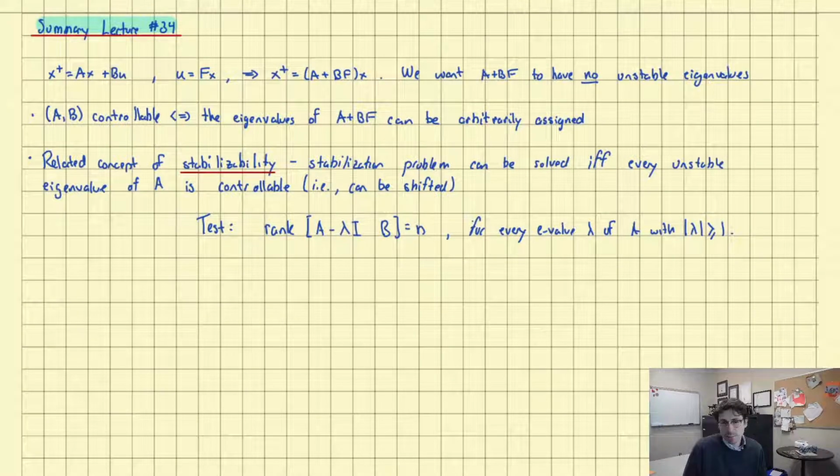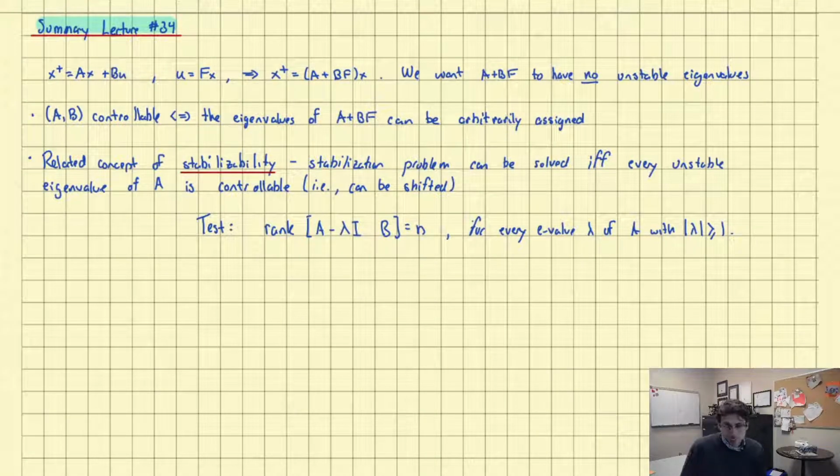That's great because, in terms of our stabilization problem, it means that if AB is controllable, we can compute an F so that the closed loop system has no unstable eigenvalues. Okay? We did an example of that calculation last class, and you should definitely review that example.